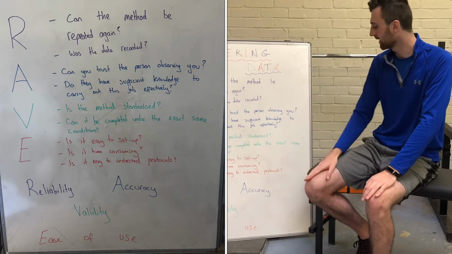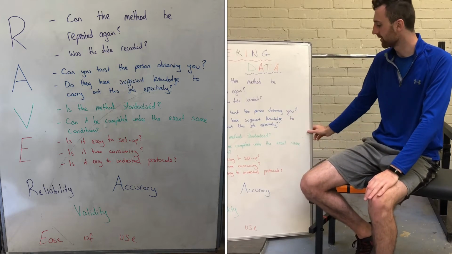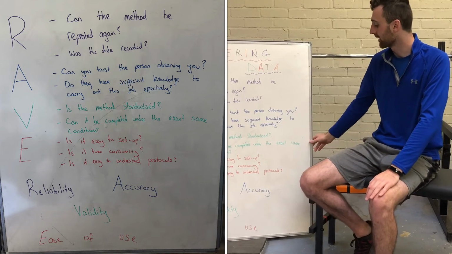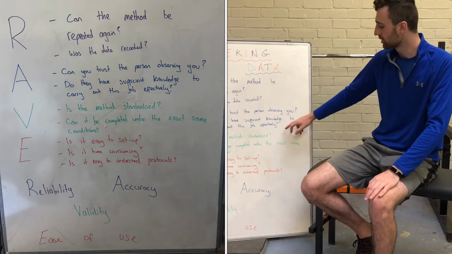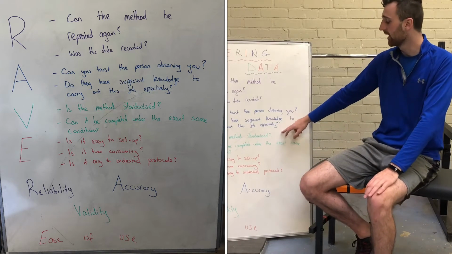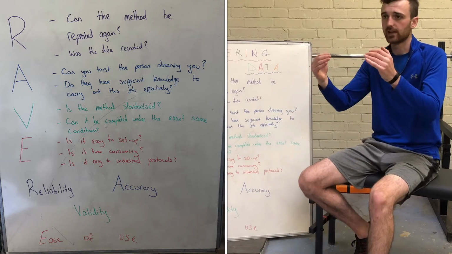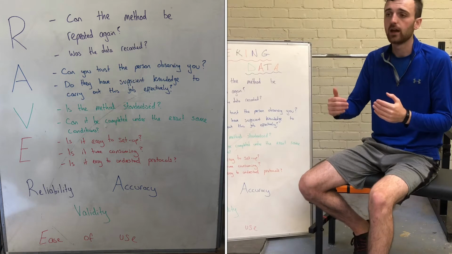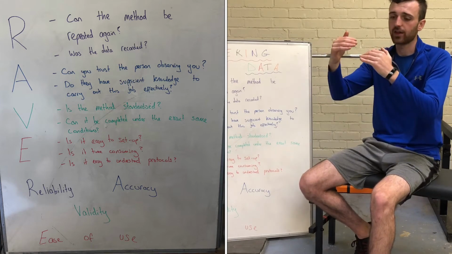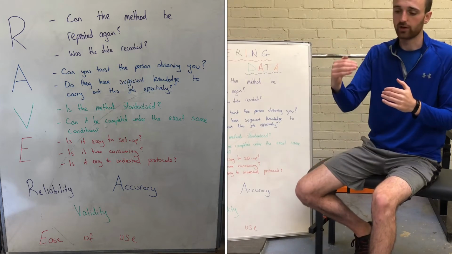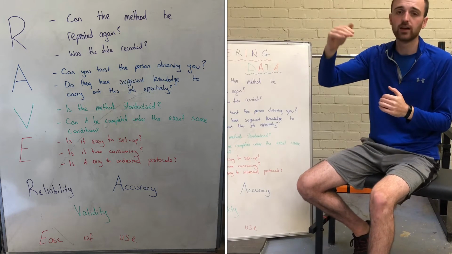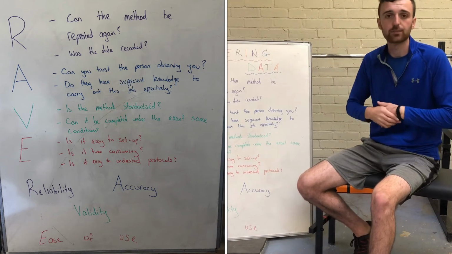V is validity, so is the method standardised and can it be completed under the exact same conditions? In terms of whether the method is standardised, we know that for a standardised test, such as the Cooper run and the Illinois agility test, there are things called national norms. So they're rated under excellent, good, average, below average and poor.